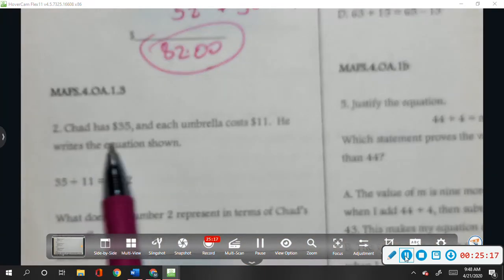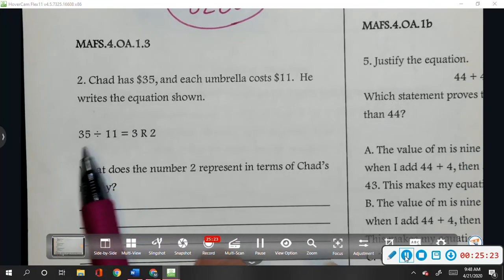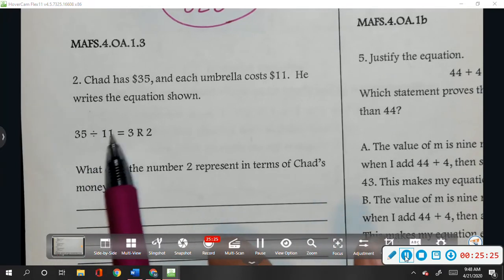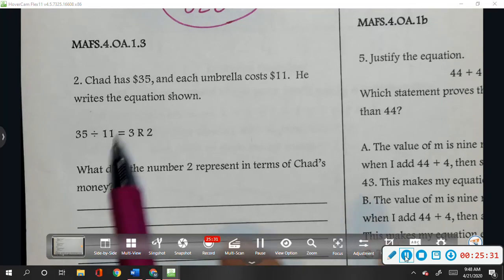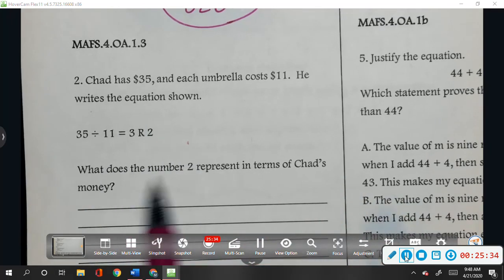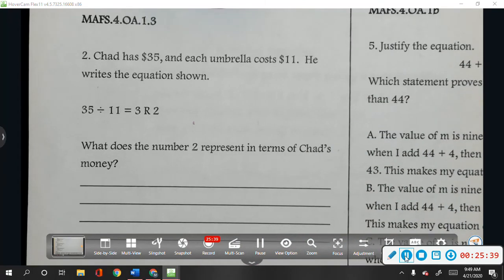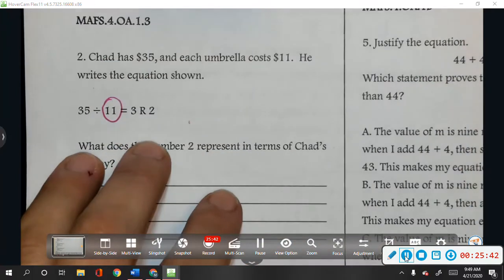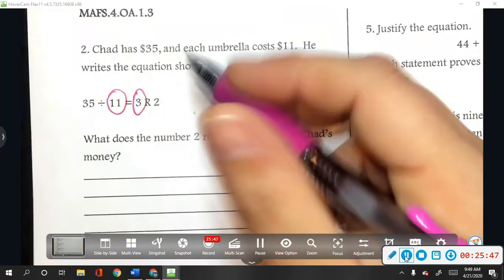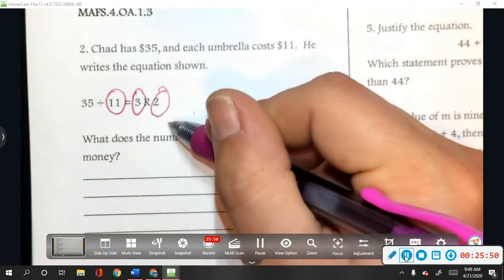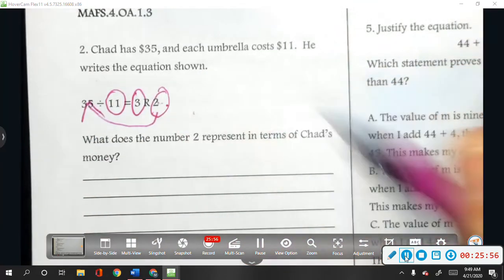Chad has $35 and each umbrella costs $11. He writes the equation shown, 35, so how much he had, divided by $11, because that's how much each umbrella costs, and he got 3 remainder 2. What does the number 2 represent in terms of Chad's money? Well, if the umbrellas cost $11, he knows he can get at most 3 umbrellas. So what is left over is referring to his money. This is referring to the $2.